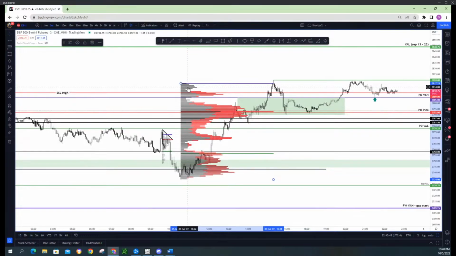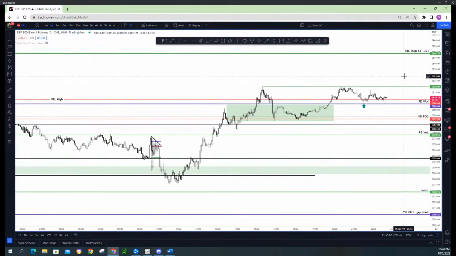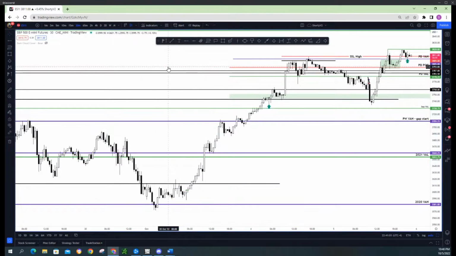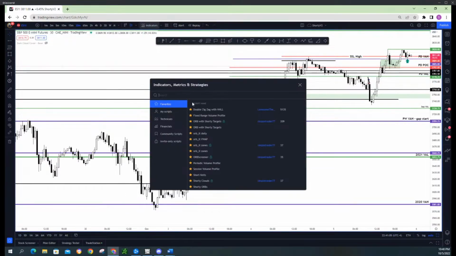Okay, so that's just on SPY right now. The only thing that I would update on it is the PD POC stuff, and mainly to know if we go into any 80% rules.